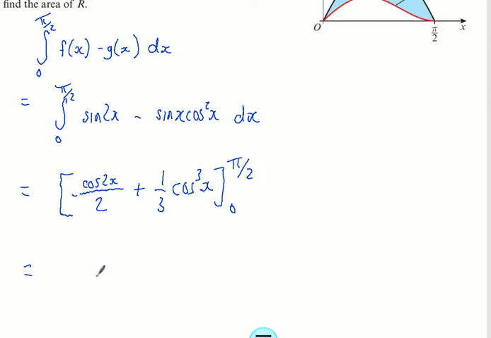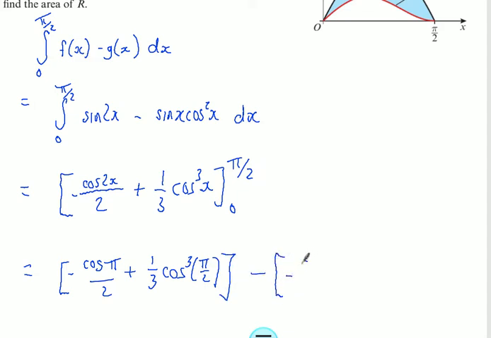And then when we chuck in those values, we have to be a little bit careful here. So we're going to chuck in pi over 2 first. So cos pi over 2, add 1/3, plus 1/3 cos cubed of 0.